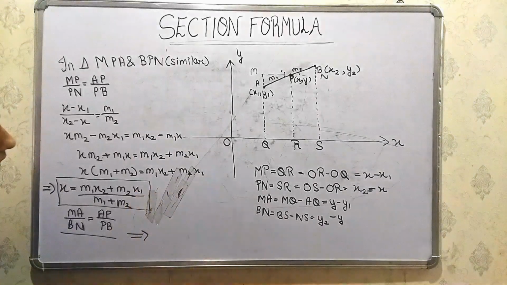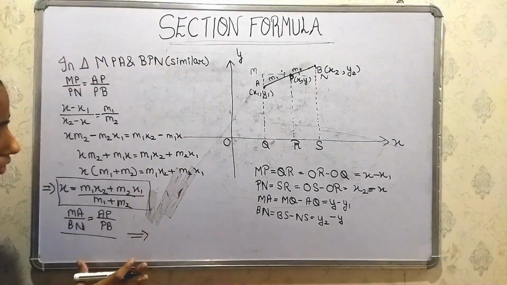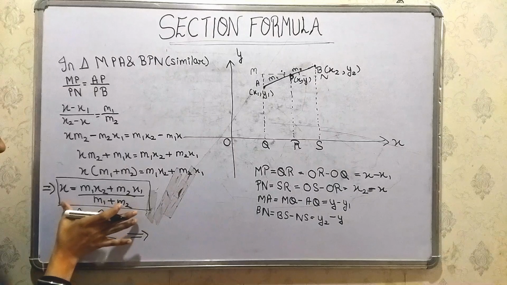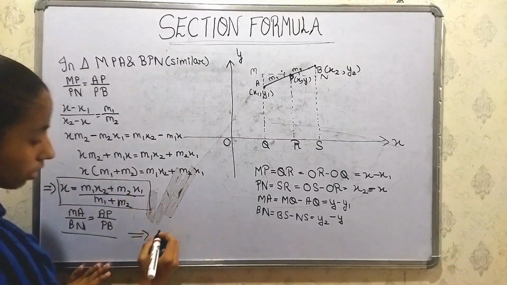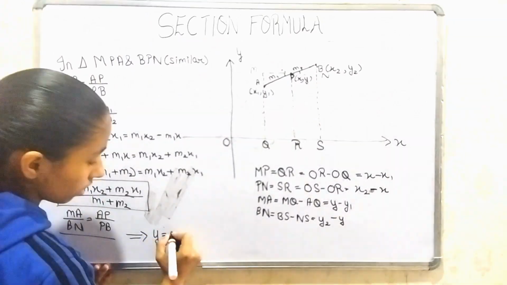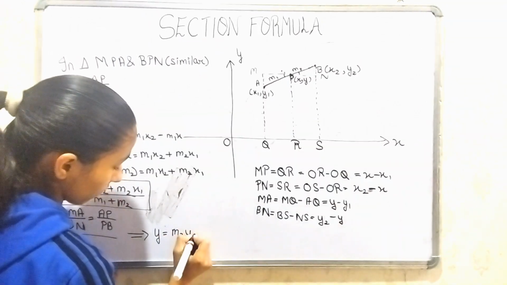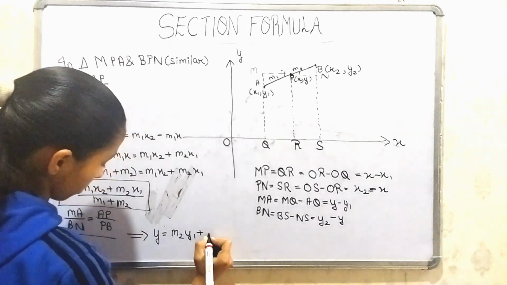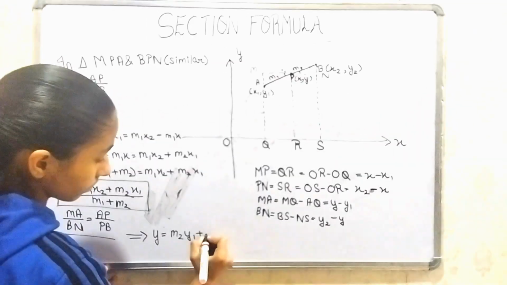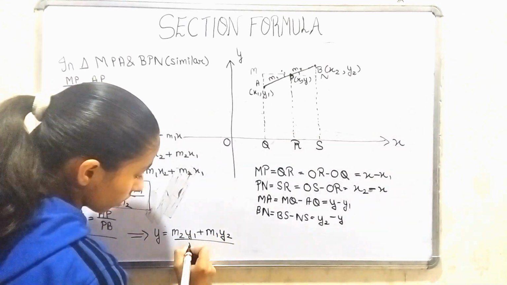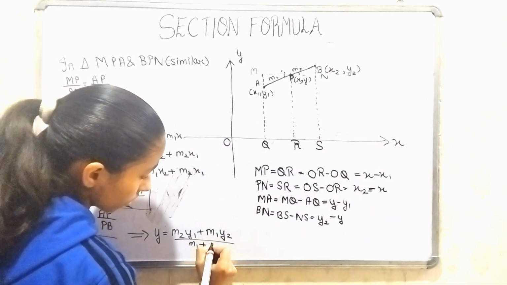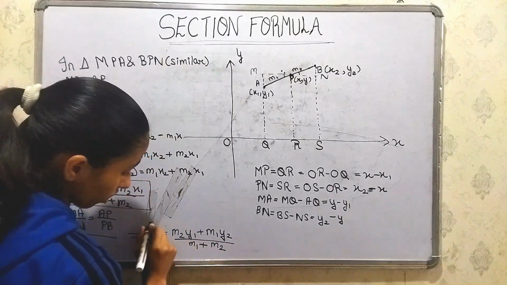I am not calculating it out, you can calculate it on your own. We just have to learn this formula which I have put in the box. y is M2 y1 plus M1 y2 upon M1 plus M2.